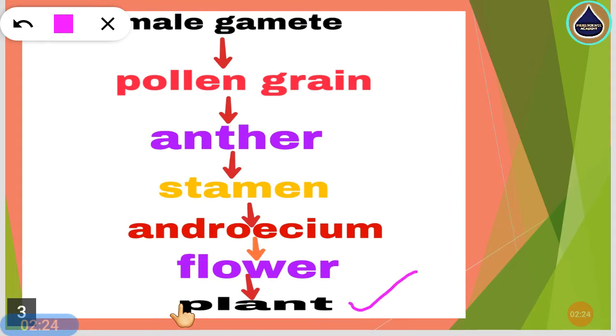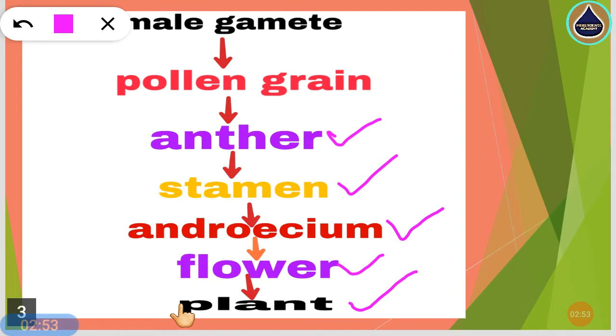So the plant body is there. In the plant there is a flower. In the flower there is the male reproductive part, which is called the androecium, and the single unit of the androecium is called the stamen. The stamen possesses three parts. The uppermost part of the stamen is called the anther, and then the filament, and the connective is also there.